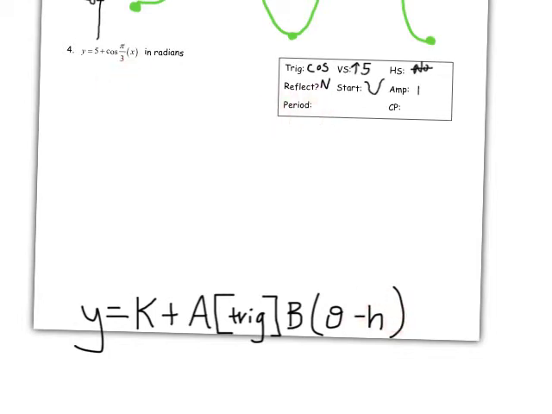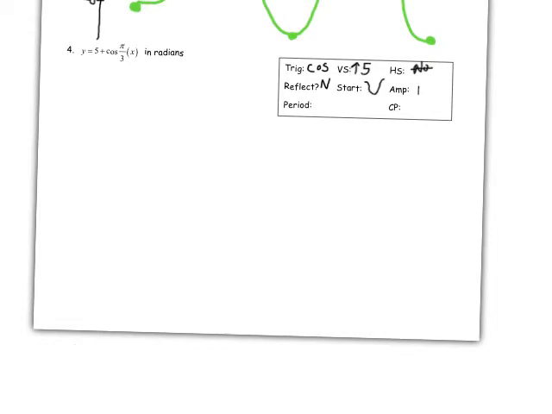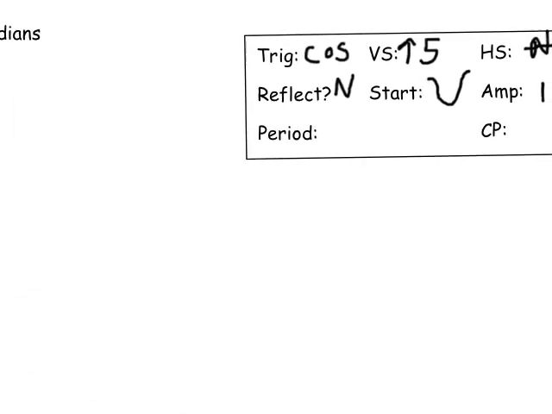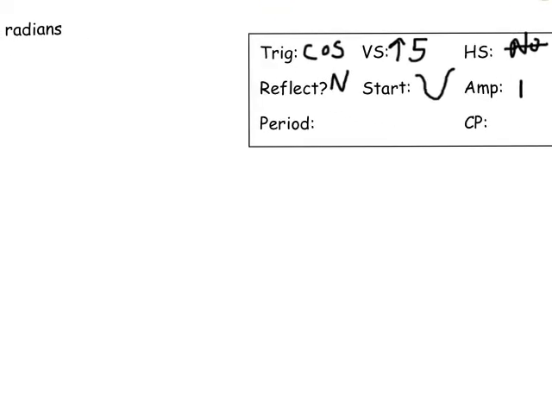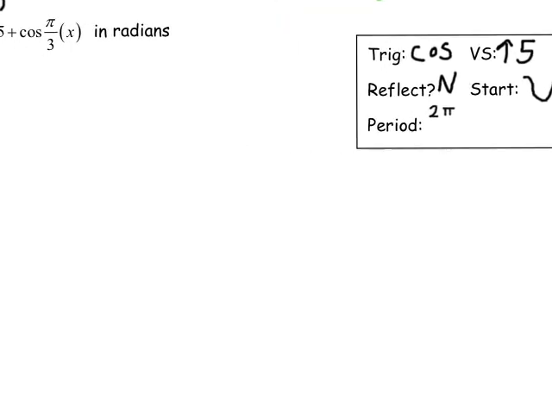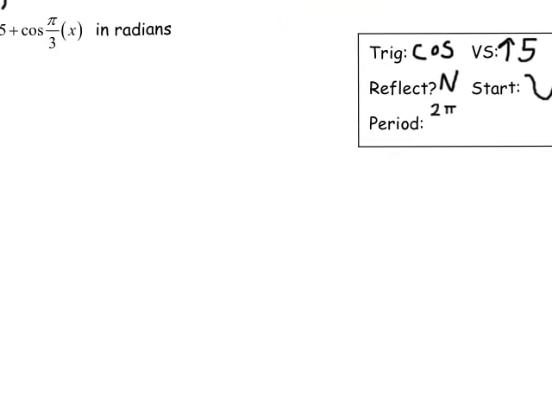So we have to figure out the period. This is what we were practicing yesterday. Well, the typical period in radians is 2 pi, and you're going to divide it by that number that you see, which is pi over 3. So divided by pi over 3.